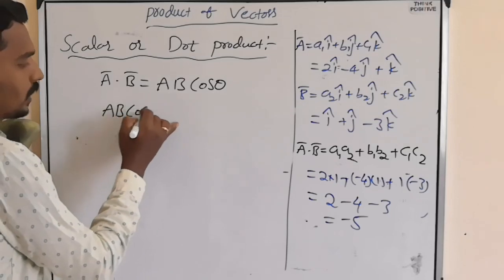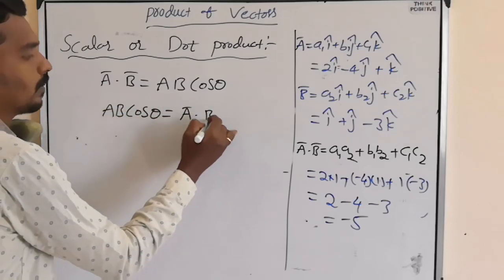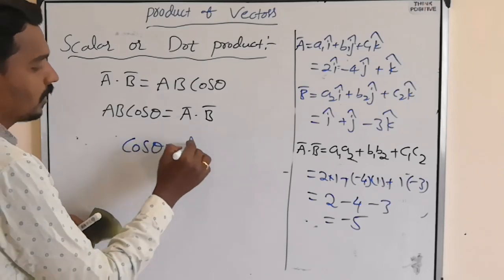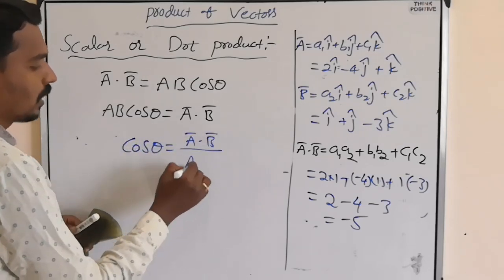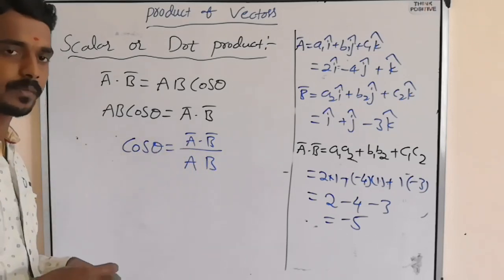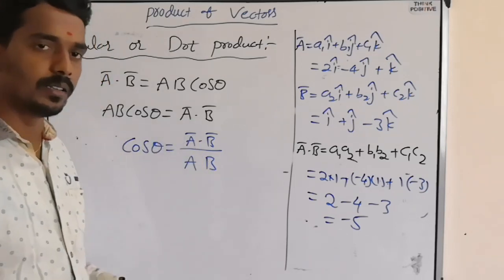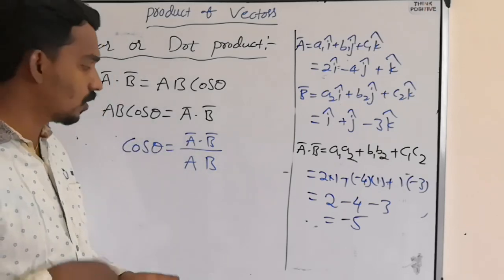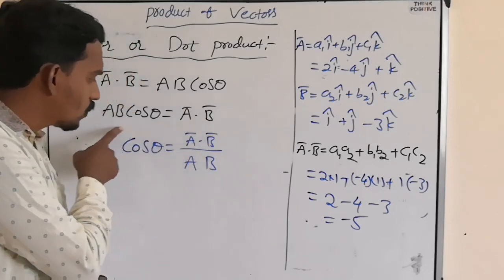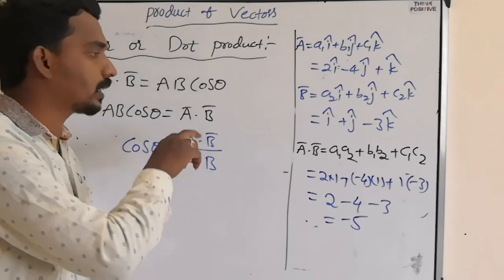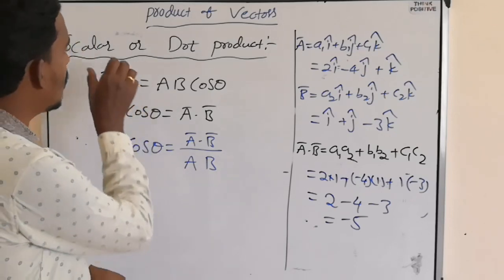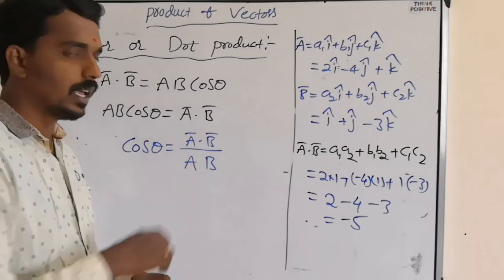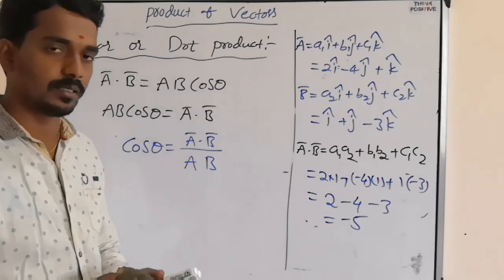Then ab cos theta equals a bar dot b bar, so cos theta becomes a bar dot b bar by ab, where theta is the angle between a bar and b bar. So this is a formula to find the angle between two vectors. The scalar product or dot product can be used to find the angle between two vectors.